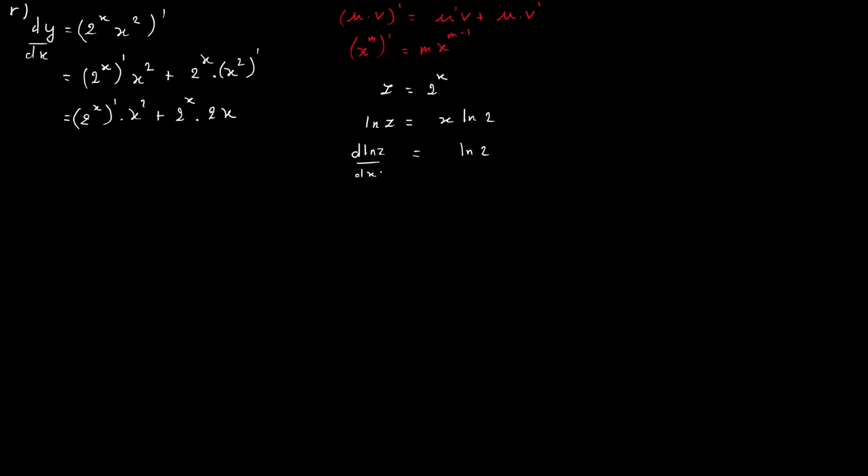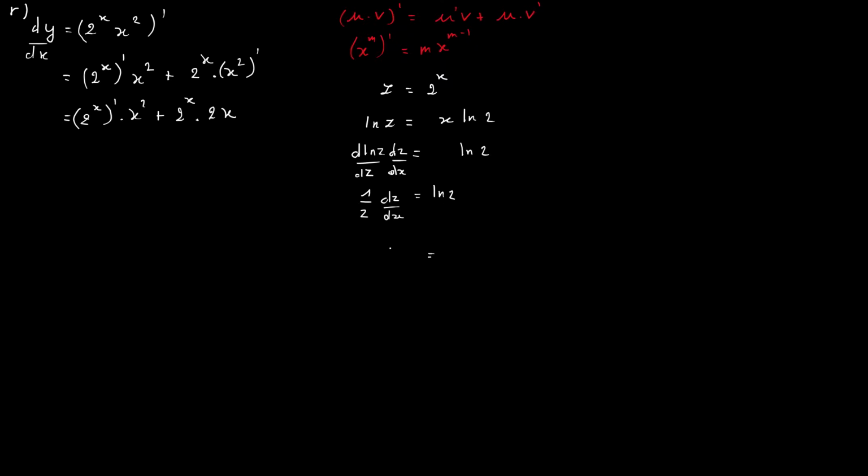This, you tell me, well, we can't really do that, so we derive it with respect to z, and then we can't forget to derive z with respect to x as well. And that's actually what we were interested in the beginning, because we wanted to know the derivative of 2 to the power of x. So we find that this is 1 over z times dz/dx equals ln 2.